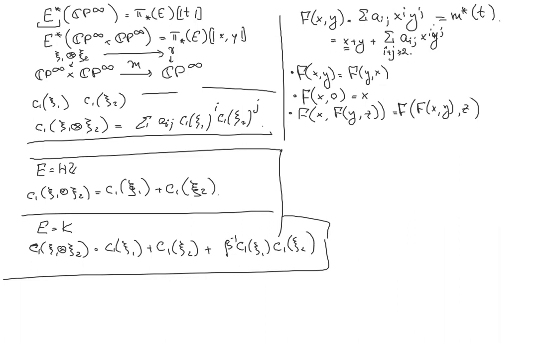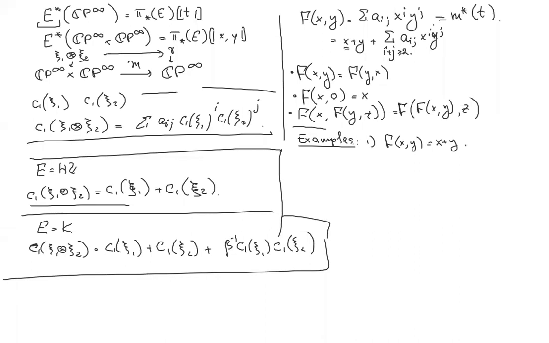Okay, so we have discussed some examples, maybe a more algebraic one. Let's write some examples. First of all, there is the additive one: just f of x, y is the sum of x and y.